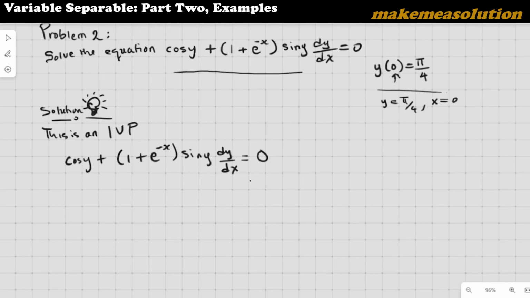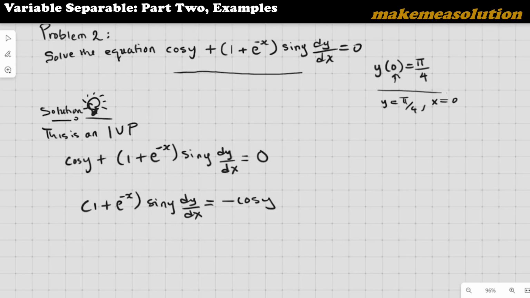This is how it goes. For this differential equation, I'm going to send cos y to the right hand side: (1 plus e to the minus x) sine y dy/dx is equal to negative cos y.